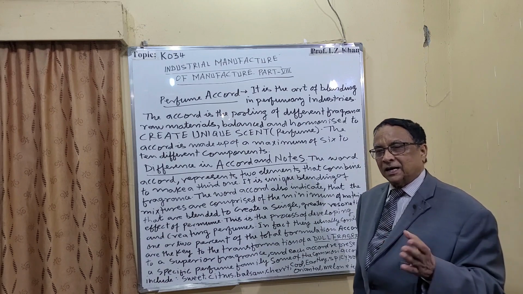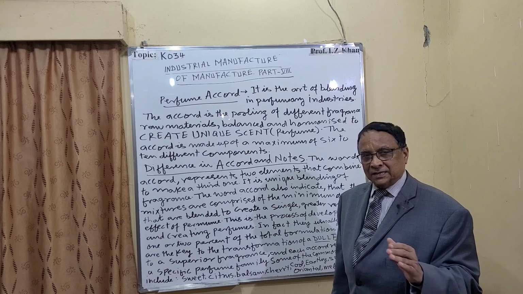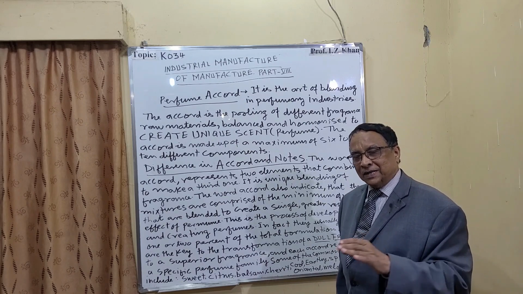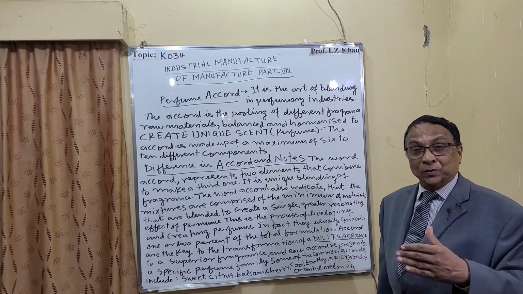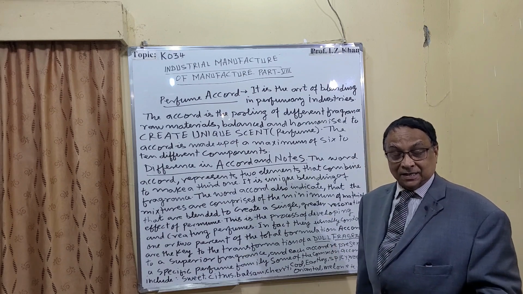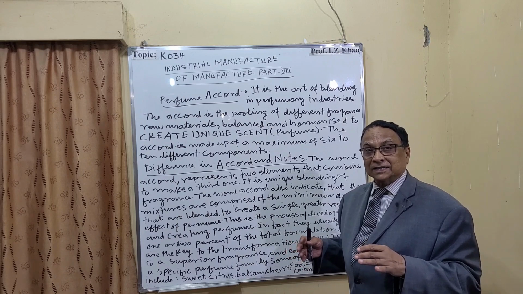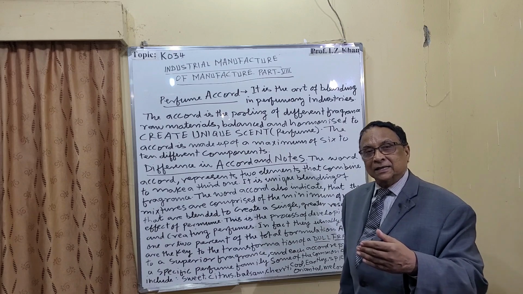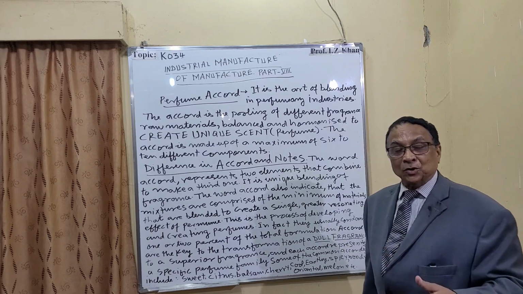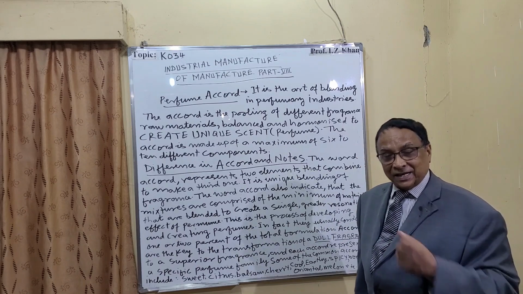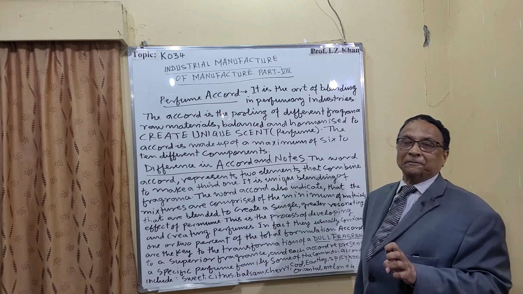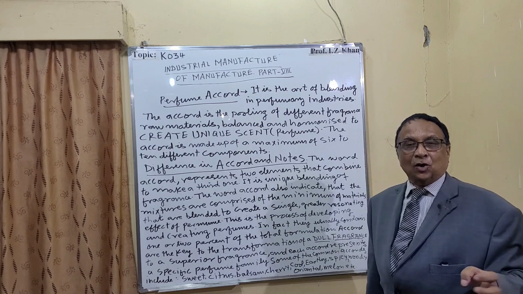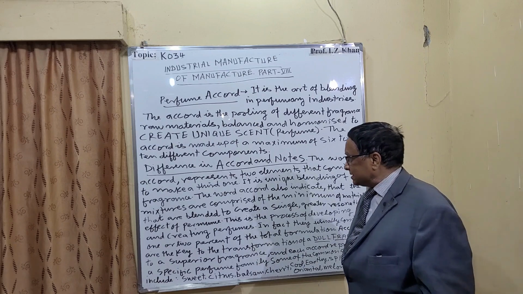To develop the accord, after mixing these 2-3 different fragrances, we leave it for at least 1 week, 2 weeks, even 1 month, 40 days, so that its development or reaction is completed, and we can get a new or unique type of fragrance. So the development of accord is another industrial trick, or technique, in the perfumery industry.